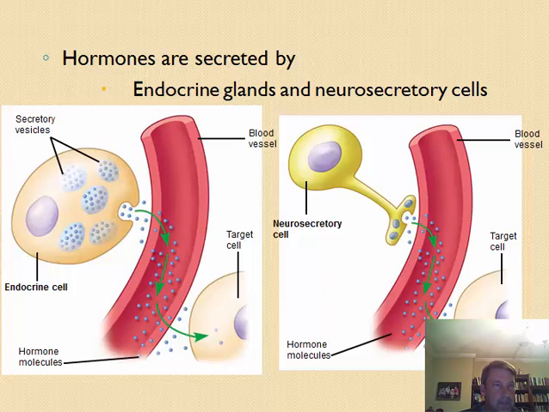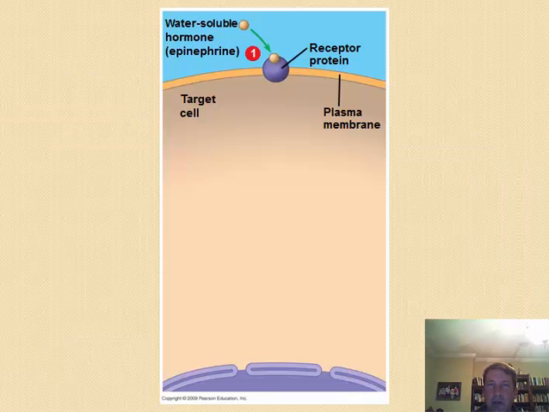Now, once these chemicals get to where they're going, there are different ways in which these hormones get into the target cell, so there are different signaling mechanisms involved in that process. We'll look at one here.